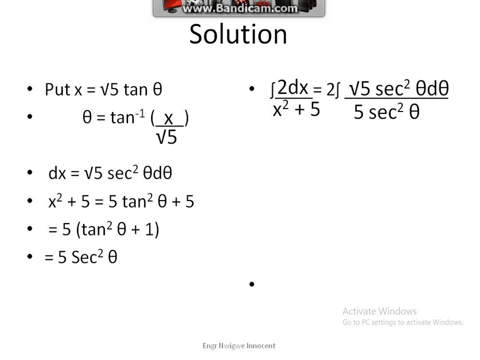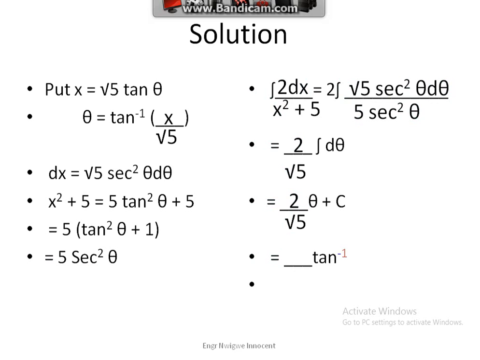We are left with 2 over square root of 5 times the integral of d theta, which is equal to 2 over square root of 5 theta plus c.